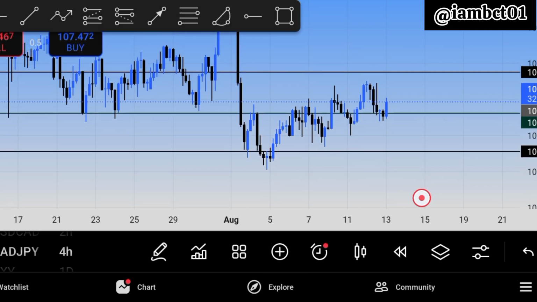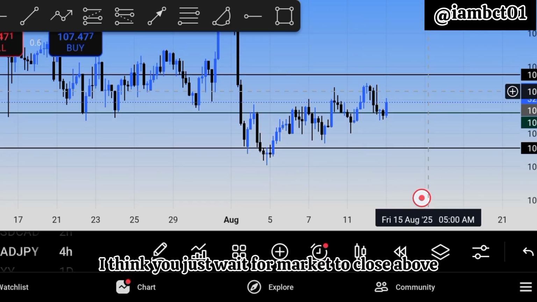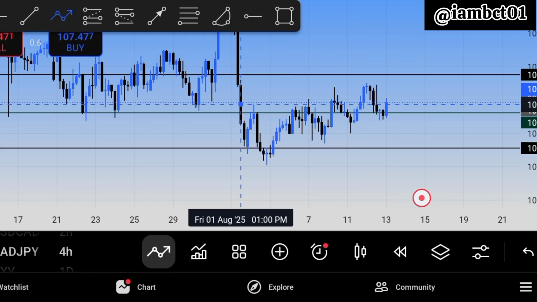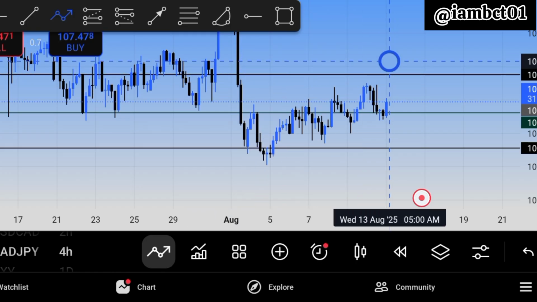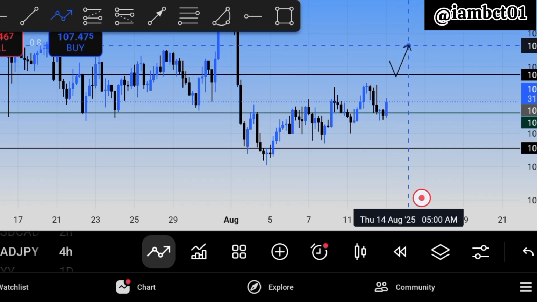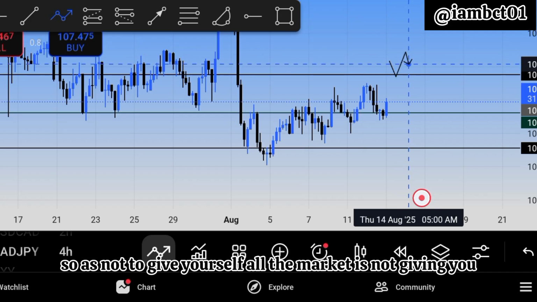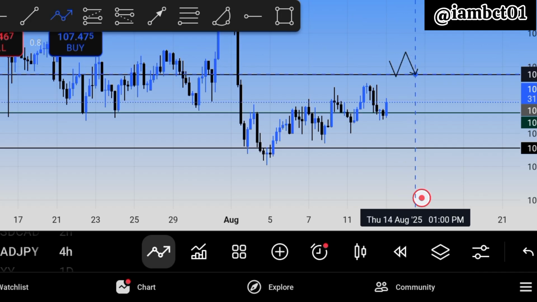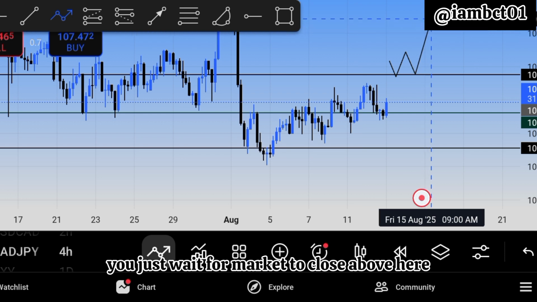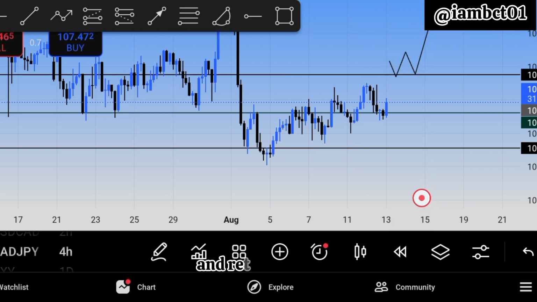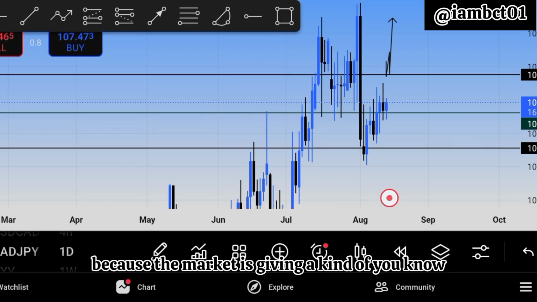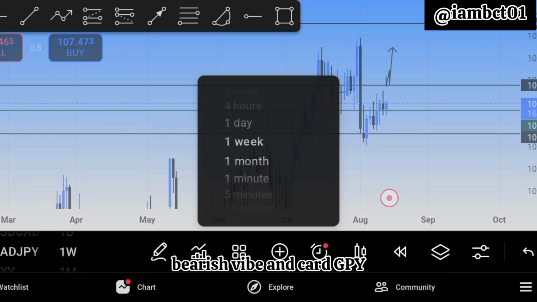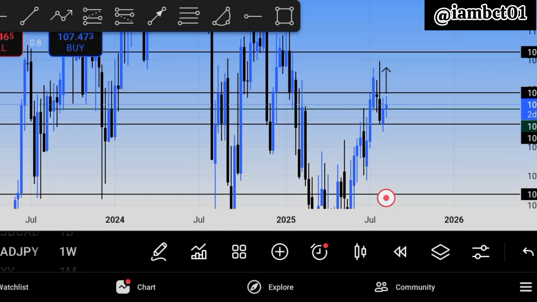So I think we should just wait for the market to close above here. So as not to give yourself what the market is not giving you, you just wait for the market to close above here and retest, then we buy, because the market is giving a kind of bearish vibe in CAD GBP.